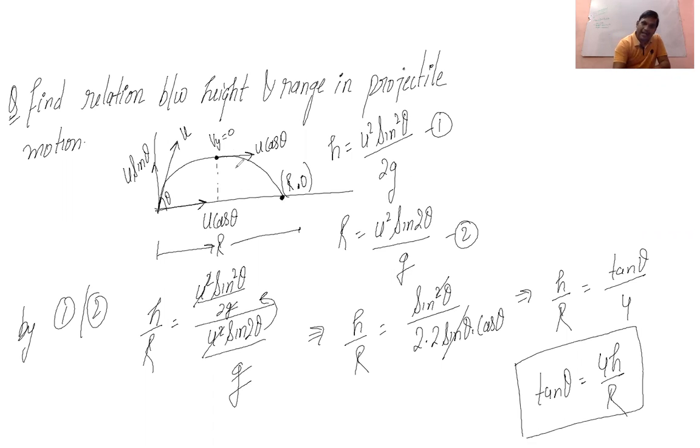And at the highest point, you should remember this, at the highest point, this is at a maximum height, so x will be at r by 2 distance, means the coordinate of this point will be r by 2 comma h. The coordinate of this point is r comma 0, and the coordinate at highest point will be r by 2, that will be half of the range, comma h. H is the max height, and the relation between these is tan theta is equal to 4h upon r.